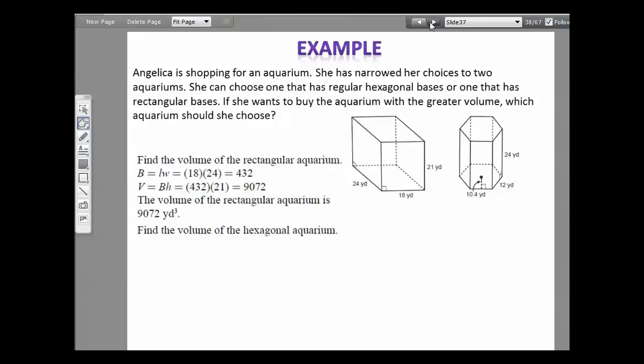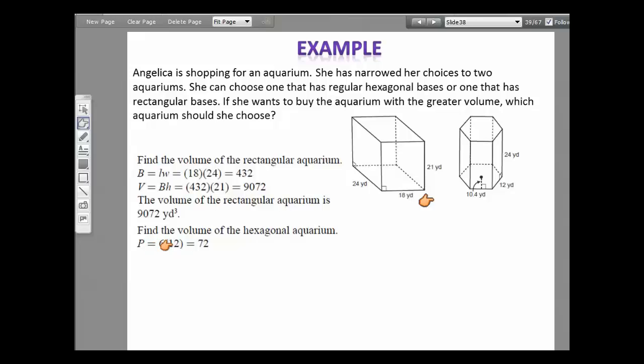So now we're going to find the volume of the hexagonal aquarium. Remember that formula for polygons: the area of the polygon is going to be a half multiplied by the little a multiplied by the perimeter. That's why they're calculating the perimeter first. A hexagon has 6 sides.